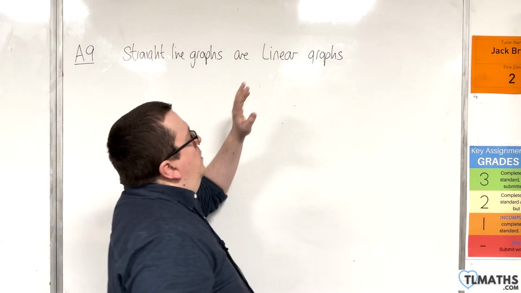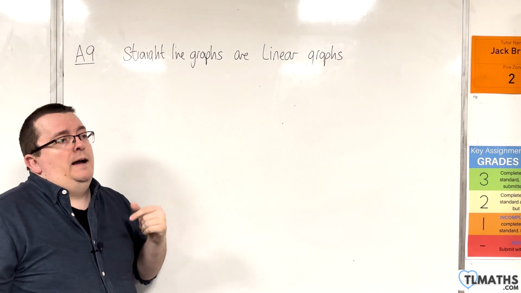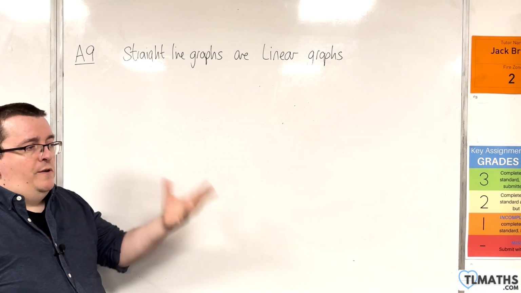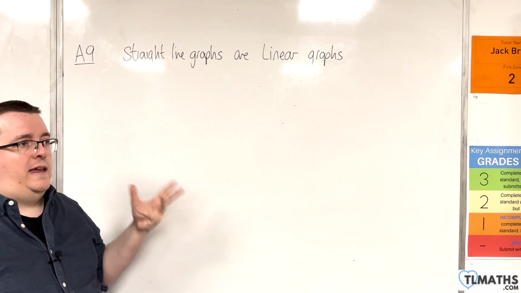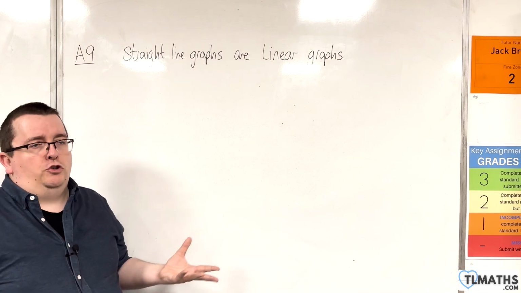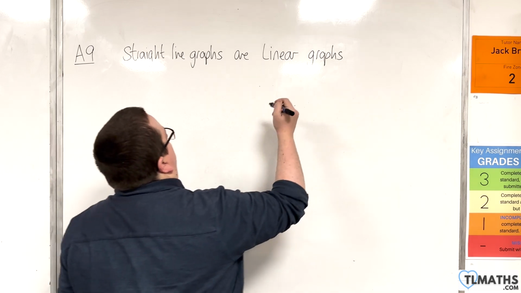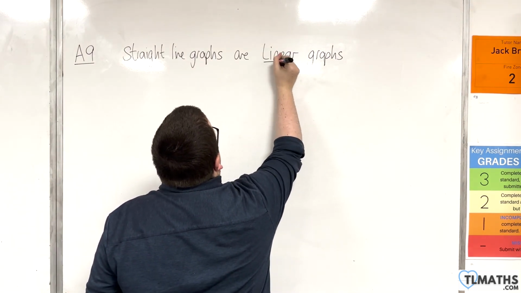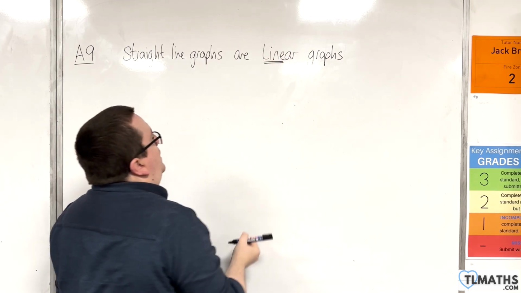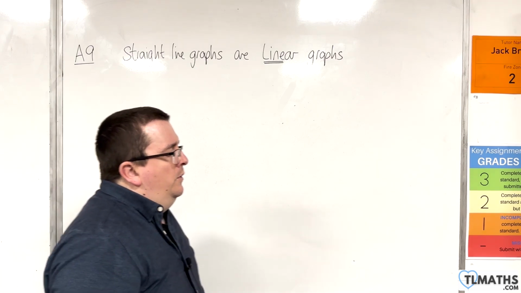I'm referring to linear graphs here rather than functions, because in the previous video we looked at vertical lines, x equals 3, for example, but that's not a function. So I'm being quite careful with my wording here. Now, we refer to it as linear, and it's coming from, you can see the word line inside of it. Okay?